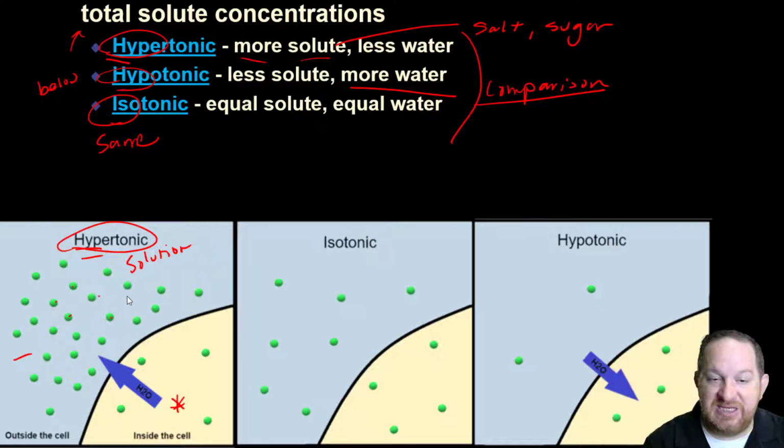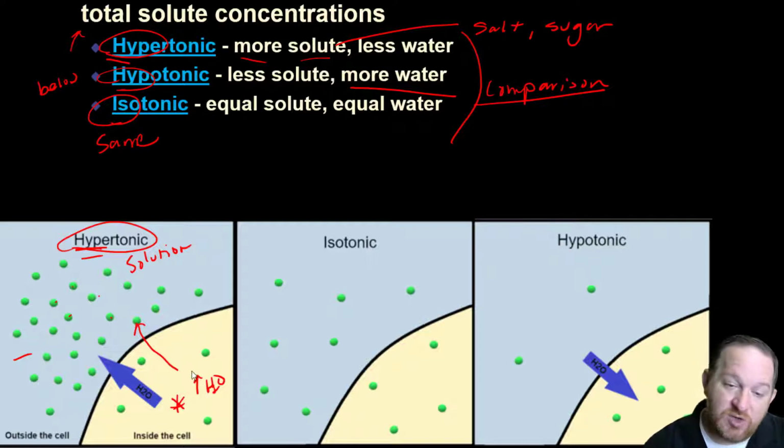And let's just say this is salt. So look at all the salt particles out here. So if the solution is hypertonic, that means there's more solute out here. So the water will move there because inside is the higher concentration of water. So remember, water moves from a high concentration of water to a low concentration of water.